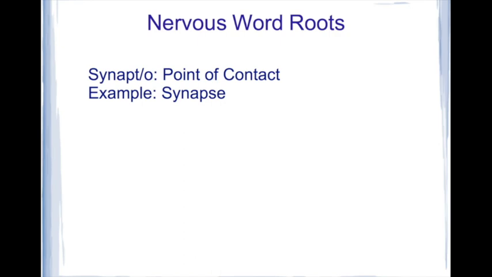Okay, so a synapse is where two structures come together and they don't touch. There is that little space in between where neurotransmitters can travel back and forth, but a synapse is considered the point of contact where these two structures come together. Okay, reproductive word roots.